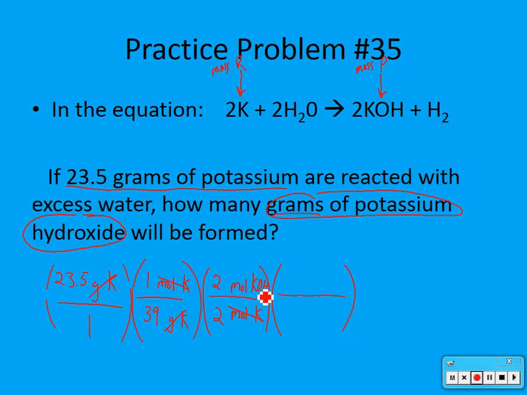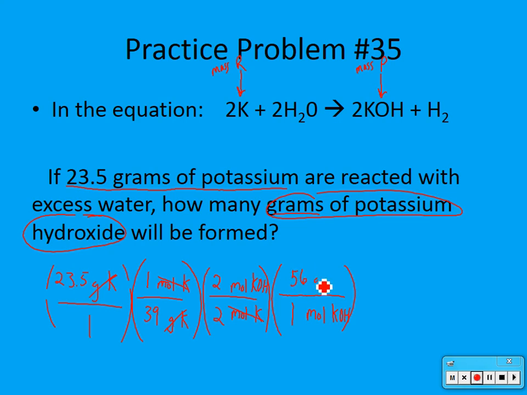If moles of KOH is on top, I know it's got to go on the bottom. In 1 mole of KOH, what is its molar mass? Okay, well let's figure that out. Potassium is 39, so I'm going to take 39, add it to 16, which is oxygen, and 1 for hydrogen. So I'm getting 56.